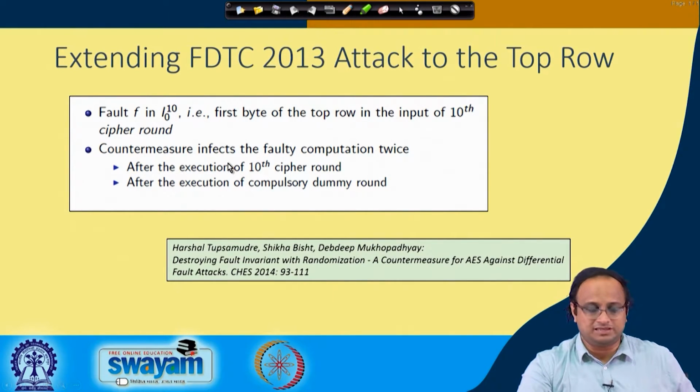Because of this, the countermeasure infects the faulty computation twice: after the execution of the 10th cipher round, like in the previous case, and again after the execution of the compulsory dummy round. This attack propagation is similar to what we have already seen. The only thing is that the fault location is now in the first row instead of the second row, as we have seen in the previous illustration.